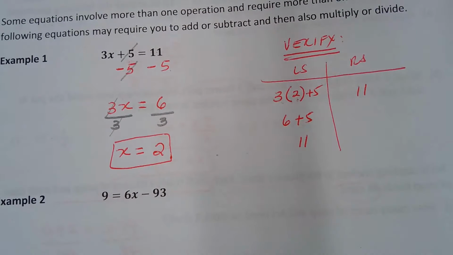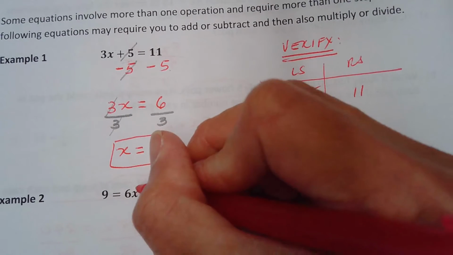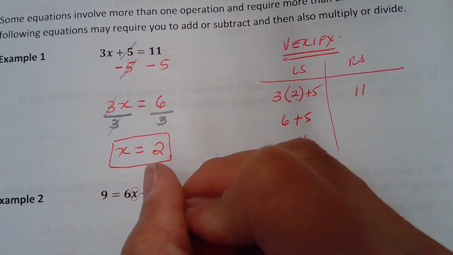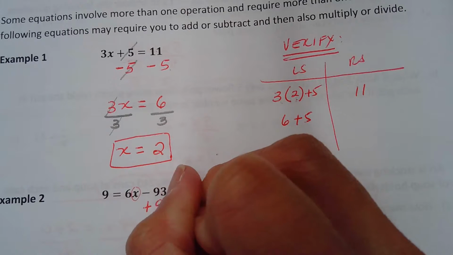Take a look at the next one. Example number 2. 9 equals 6x minus 93. Our focus is to have the x alone, isolating the x. What do you think we should do first? Plus 93.